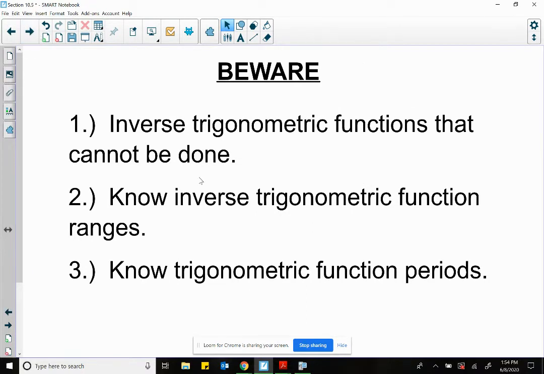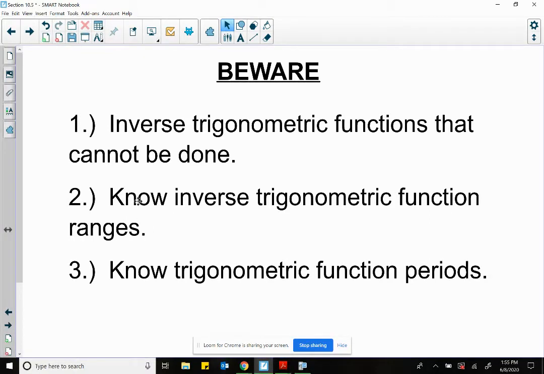Okay, so those are tips to help you get through this, but you also have to be aware that if we're doing inverse trig functions, you need to make sure that they can be done, because you might end up with an answer that has no solution because we can't do the inverse trig function. So remember the inverse trig function must be able to be performed.